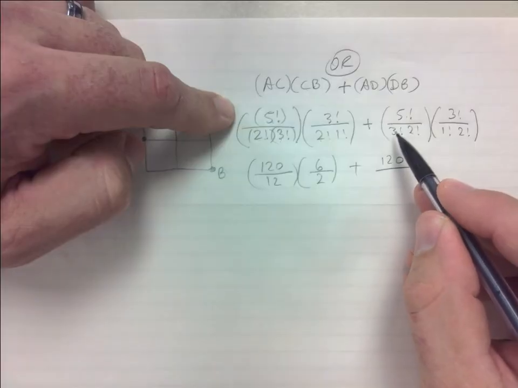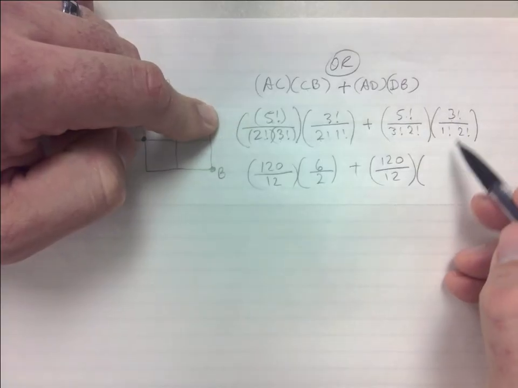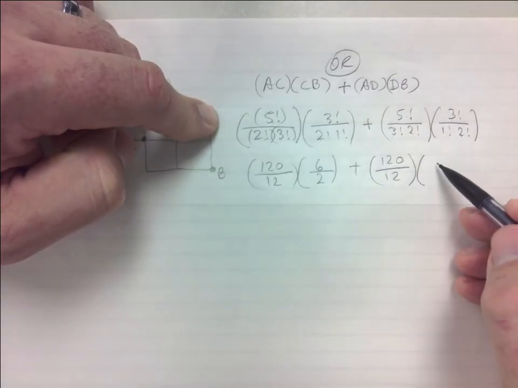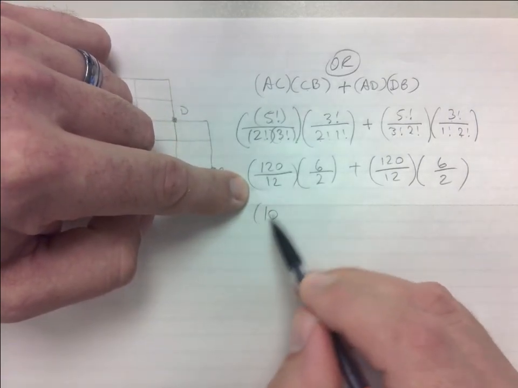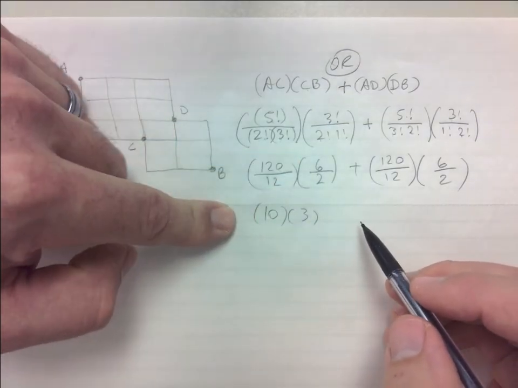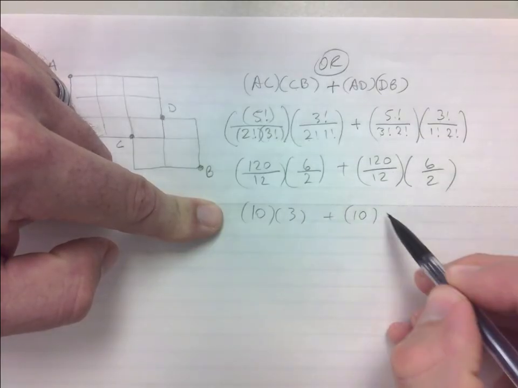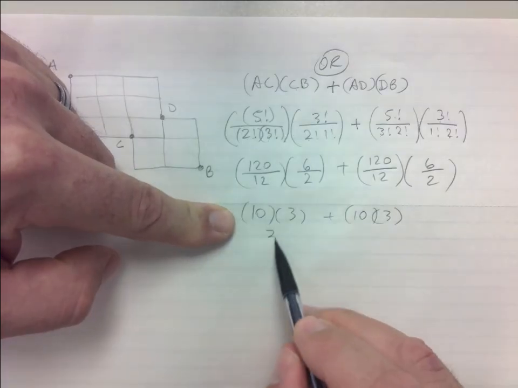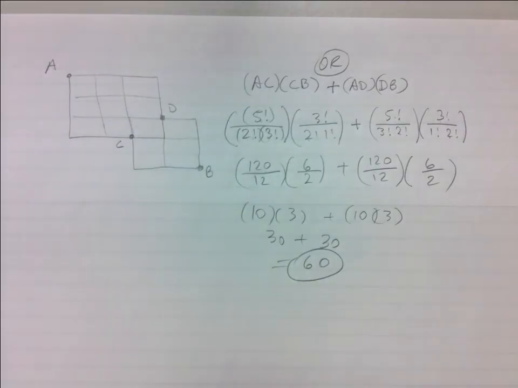This is 6 times 2, which is 12. 3 factorial is 6. 2 factorial is just 2. There we go. This is 10. You should not have decimals. If you have decimals, start over, okay? You cannot have decimals. That's 3. This is 10. This is 3. So it's 30 plus 30. So it's supposedly 60. Okay?